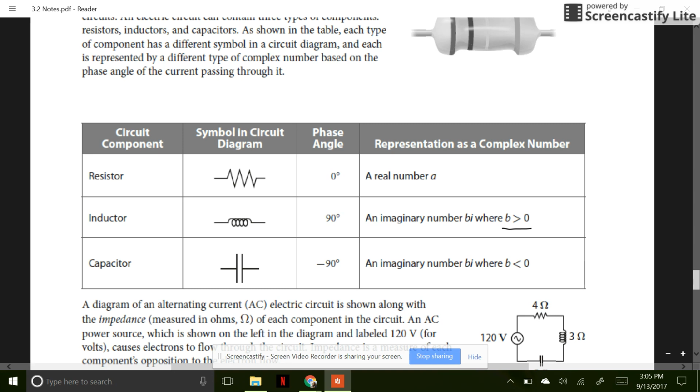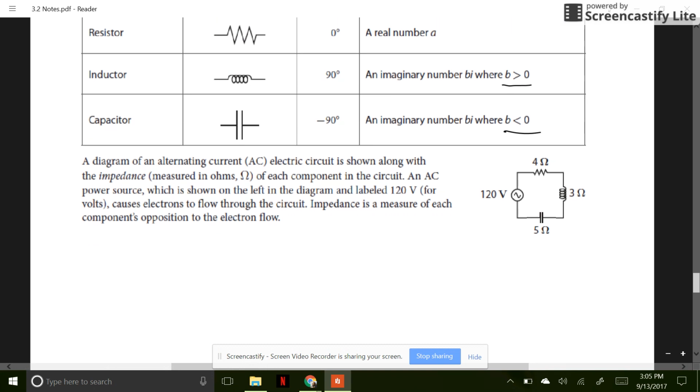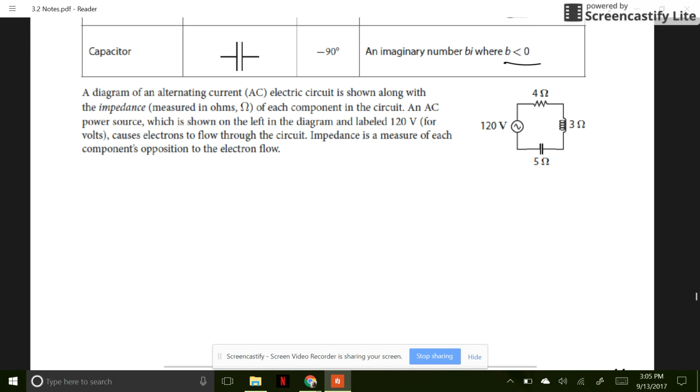And then the capacitor is an imaginary number bi, where b is less than 0. So this diagram of an AC circuit is shown along with the impedance, which is kind of the total resistance of each component in the circuit. The power source, which is on the left, is labeled 120 volts, and it causes electrons to flow through the circuit. So impedance is the measure of each component's opposition to the electron flow.